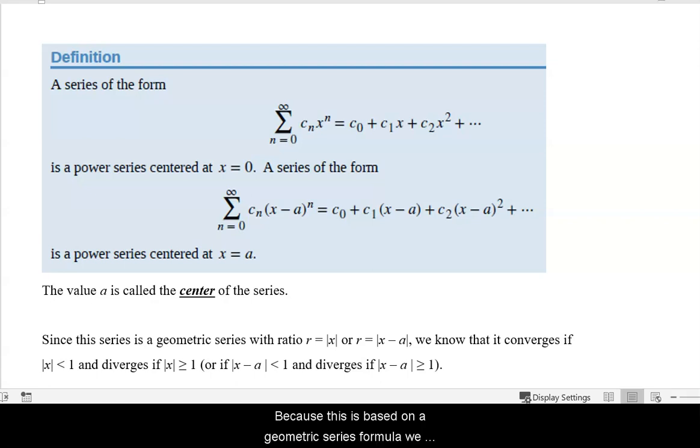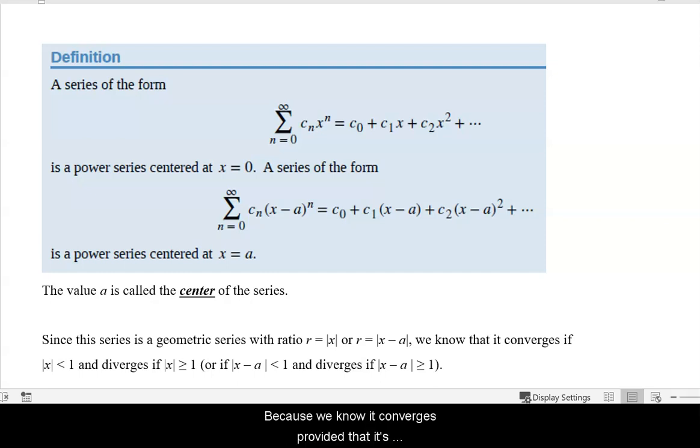Because this is based on a geometric series formula, we know that if the base of the exponential type expression is between the values of -1 and 1, we know it will converge. We proved this in chapter 5.